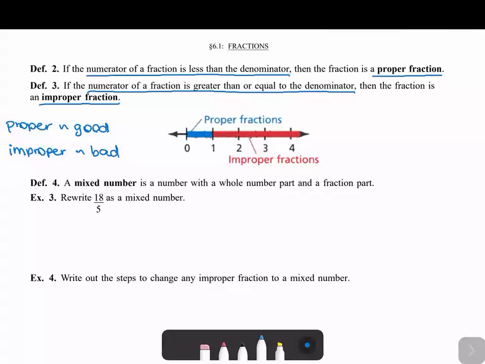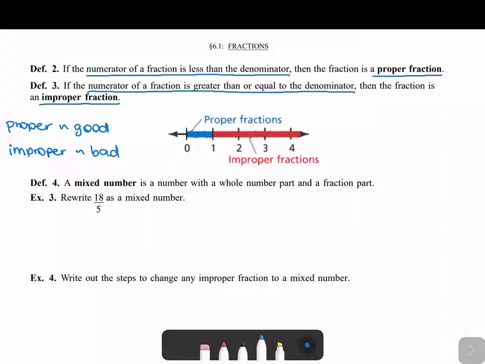You may have your students want to work with proper fractions and not improper fractions, but we want to get away from this idea that improper fractions are bad. They're really useful later on in math, and we don't want kids to have the ingrained idea that you shouldn't use these things because they're bad, because they're not. They just are what they are.